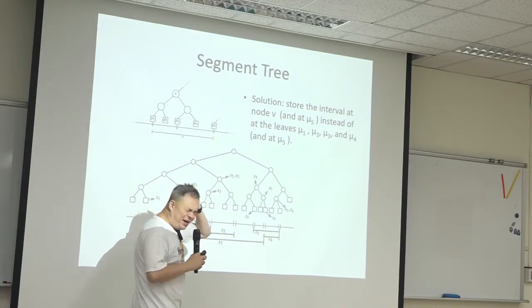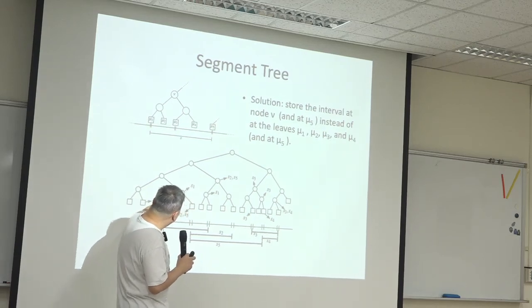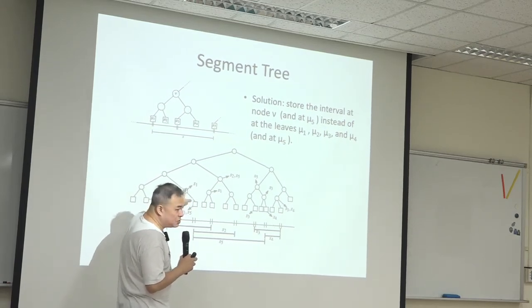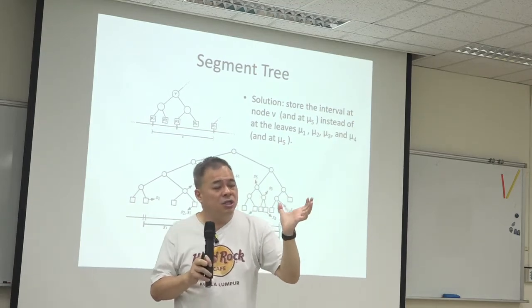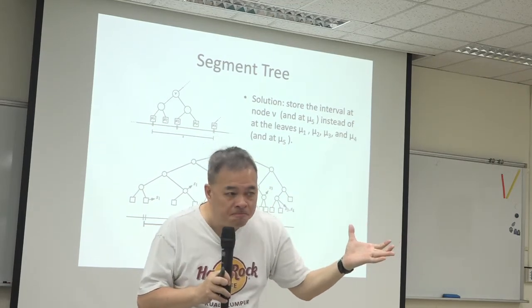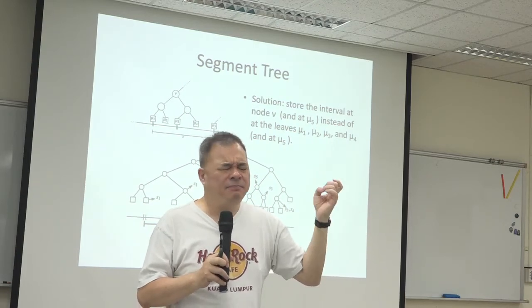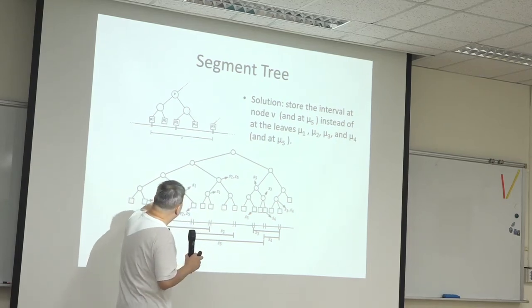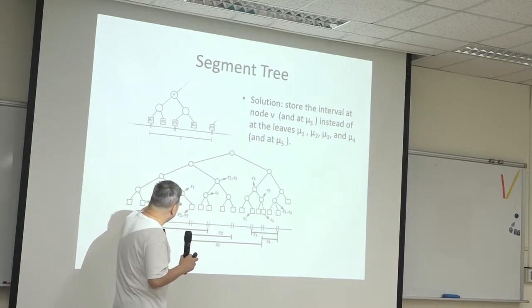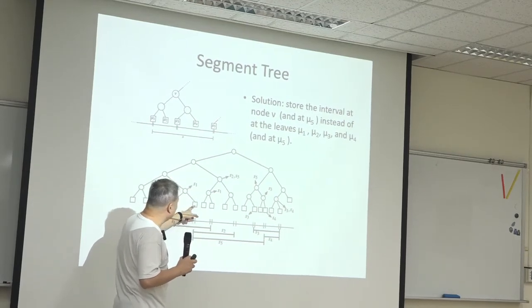You can imagine the parent node, the intermediate node, also has an associated interval. For example, like this one, its associated interval is the union of the elementary intervals of all its children.